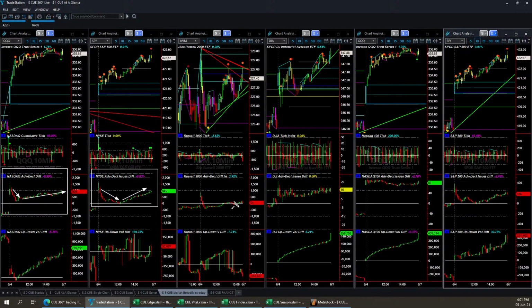But look at Russell 2000. It declined right after the open, and though IWM itself recovered, advanced decline didn't recover. Advanced decline just stayed around zero, didn't recover. And IWM up-down volume did worse.